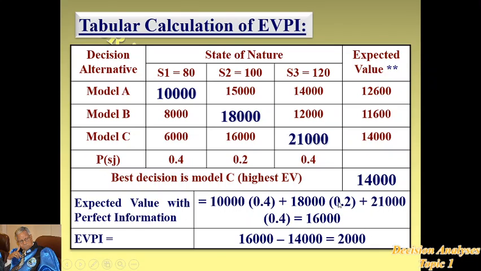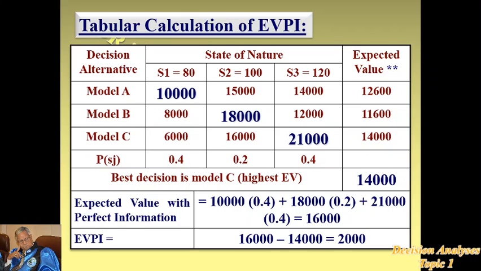So, when any person asks us, I will give you perfect information, how much do you have to pay me as a maximum, we can answer him, we can pay you up to $2,000 only, not more. Because the perfect information will yield an additional 2,000 to our current situation.